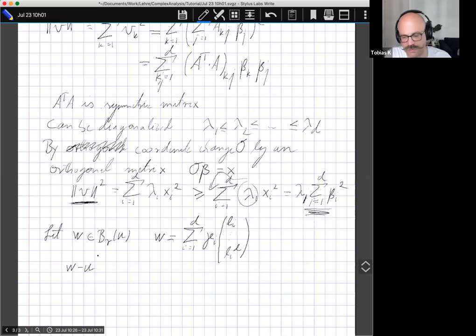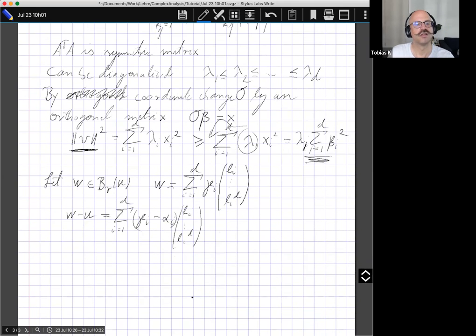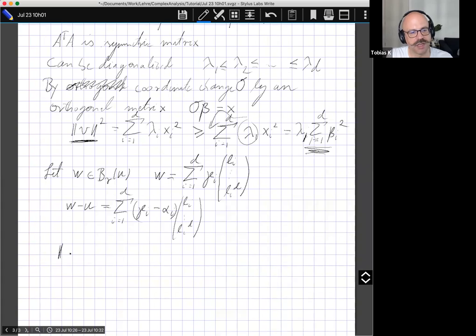For this one, I need to use the only thing which I know, that is the norm of this difference. So let me first write this difference. Remember, they both have a representation via this basis, so you could write them both like that. Now let me write the norm of this squared.